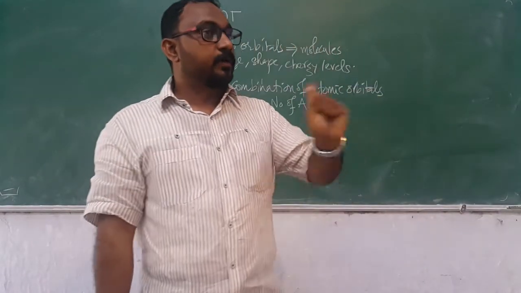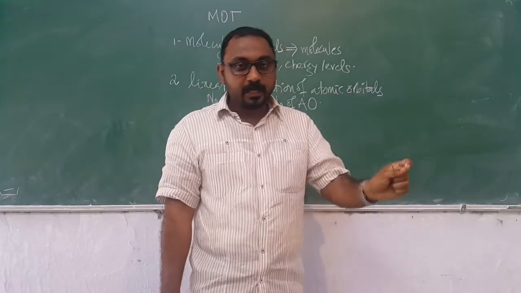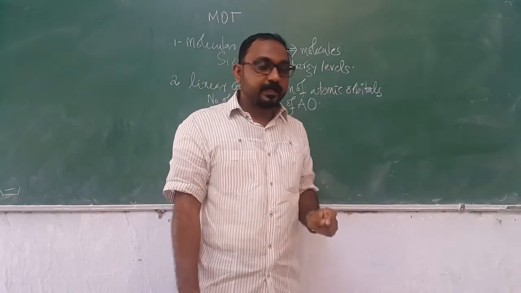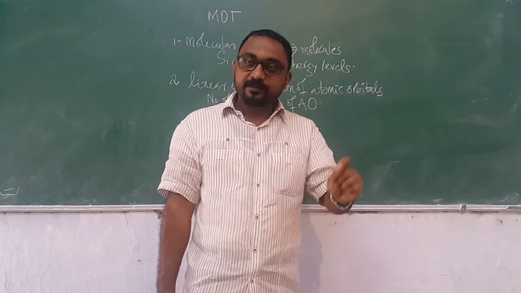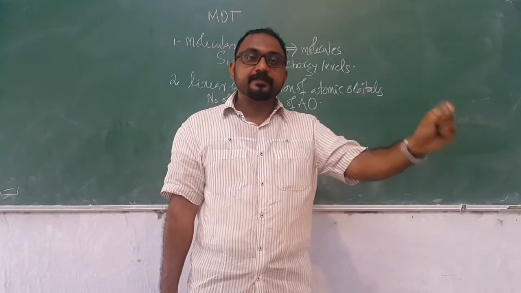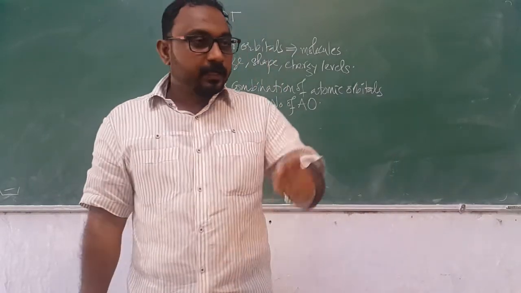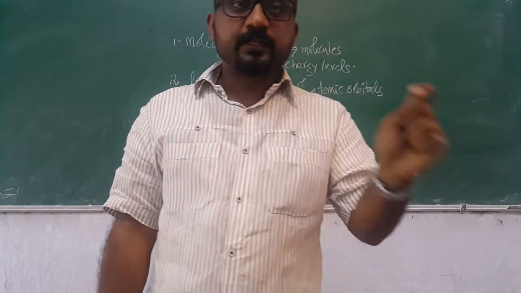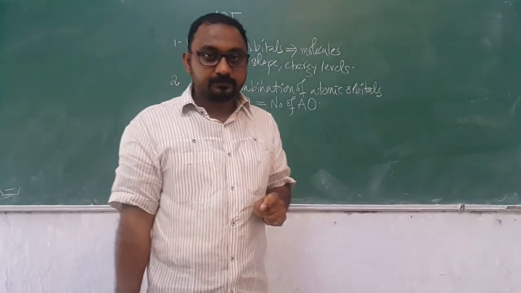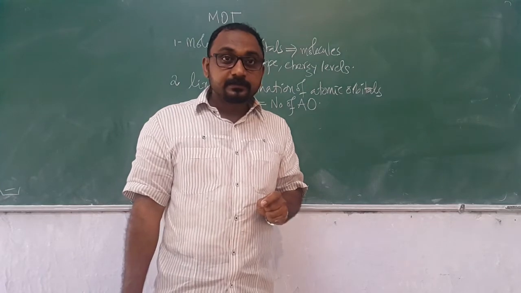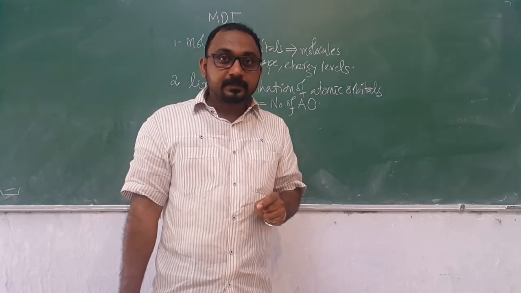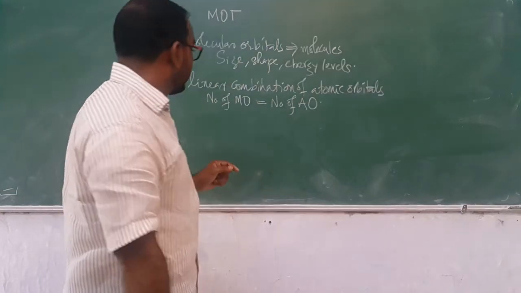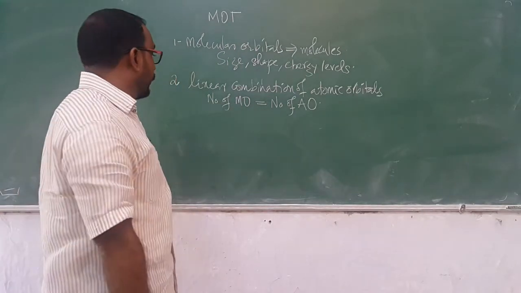So just like atomic orbitals are for atoms, molecular orbitals are for molecules, and molecular orbitals also have definite size, shape and energy levels. They are formed by linear combination of atomic orbitals, and you need to understand there are two types of molecular orbital.